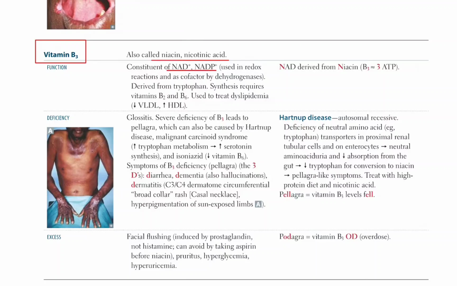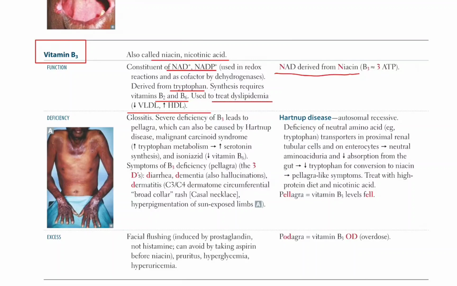Vitamin B3 is derived from tryptophan, and its synthesis requires vitamin B2 and B6. It is used to treat dyslipidemia, which is characterized by very high LDL and very low HDL levels.